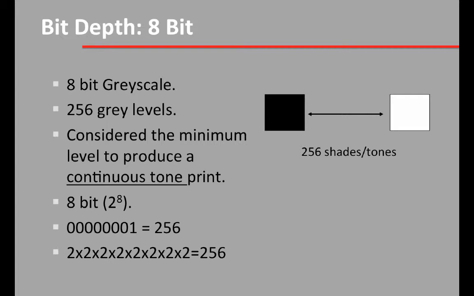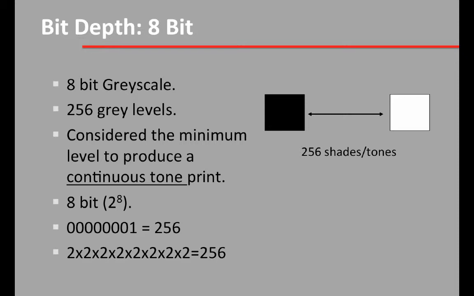For digital, because digital files and digital images are made up of little square mosaic pixels, we have to have a bit depth that has enough variation to appear to be a continuous tone print. So the minimum photographic quality of a digital image is an 8-bit image.